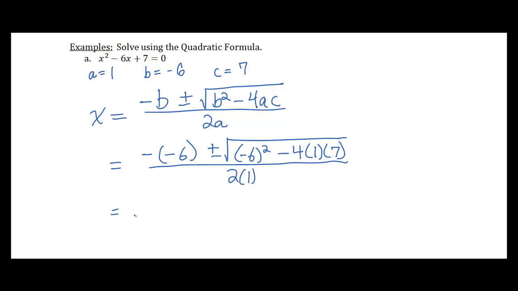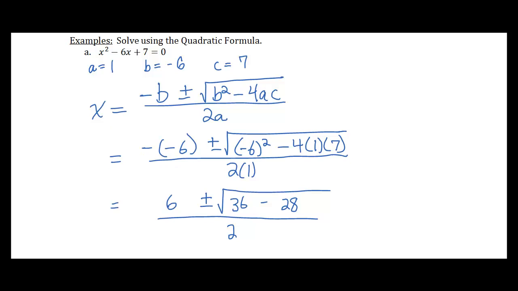The rest is just simplifying. Negative negative 6 is a positive 6. Negative 6 squared is 36, and 4 times 1 times 7 is 28. I get 36 minus 28 as my radicand, and 2 times 1 is 2.